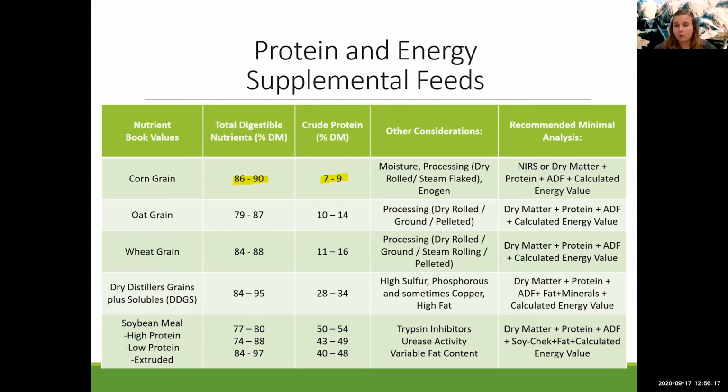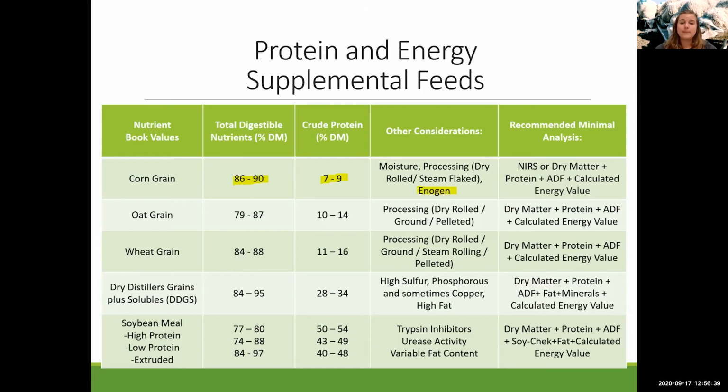And then processing, of course, is going to increase our surface area and allow those rumen microbes to really go in and break down that starch and utilize that energy. Furthermore, I don't know these Enogen varieties. I don't know if those are common for you guys in Idaho.